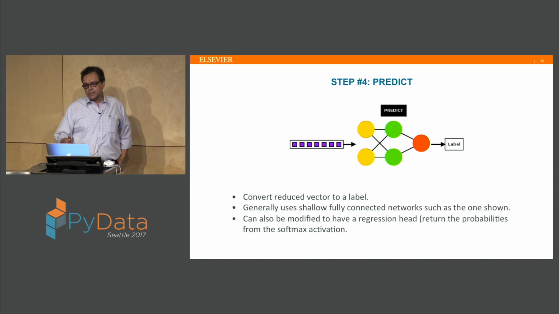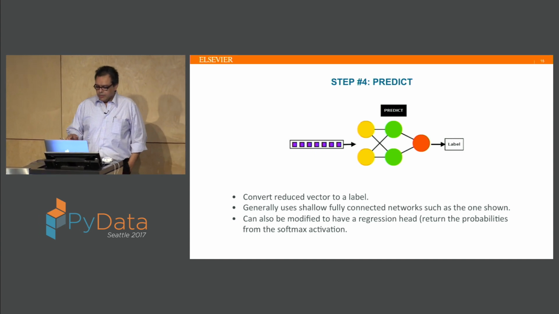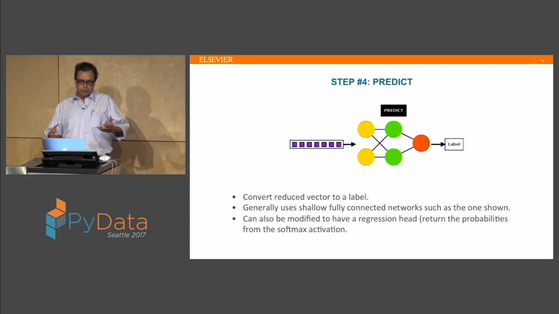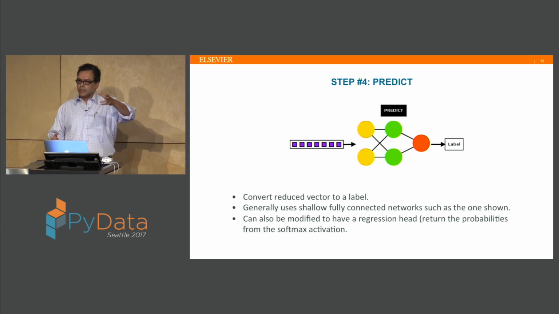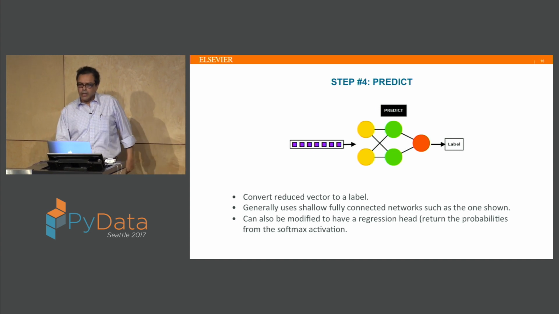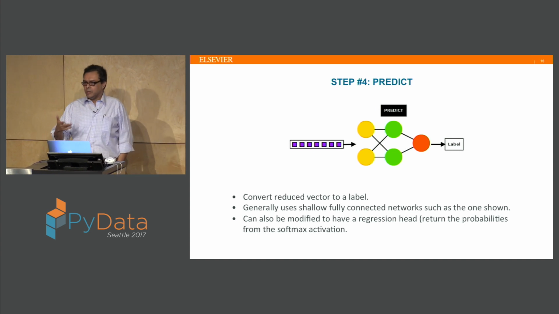The final step is the predict step. The predict step is basically, it takes a reduced vector that we just got out of my attention, and it creates a label, right? And to do that, it's just a basic fully connected network, right? So generally, you use a shallow, fully connected network.